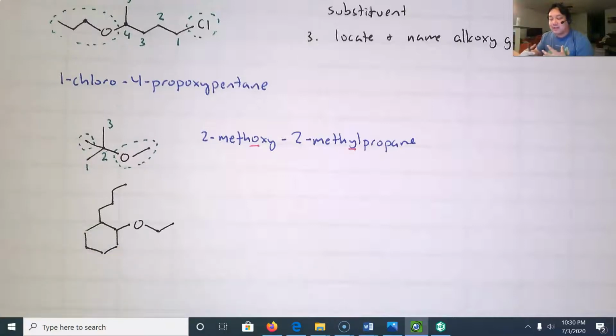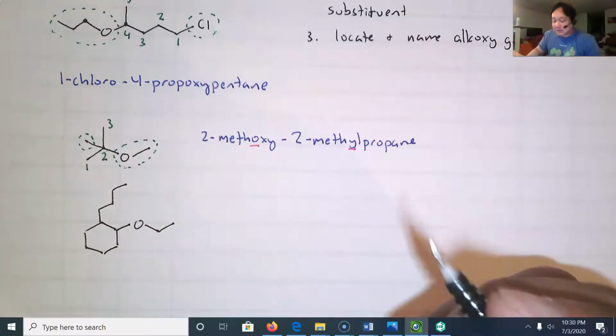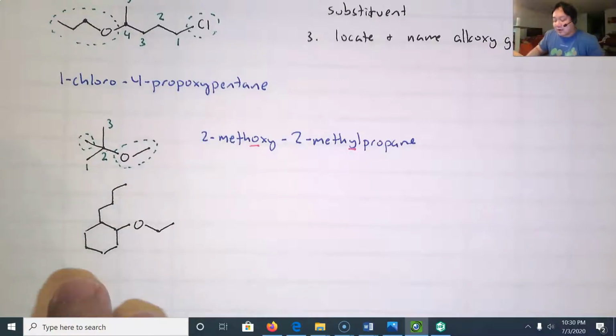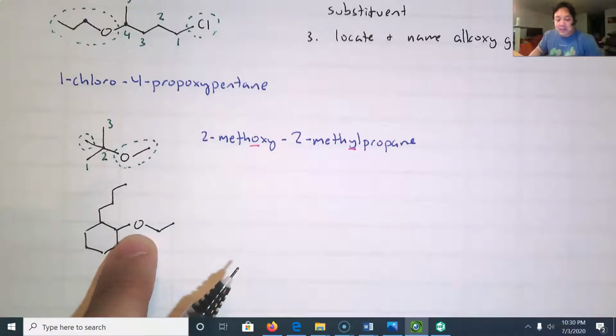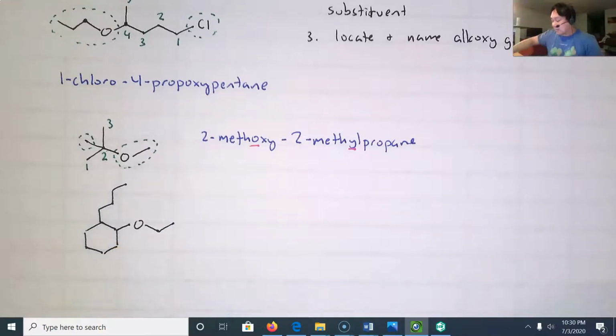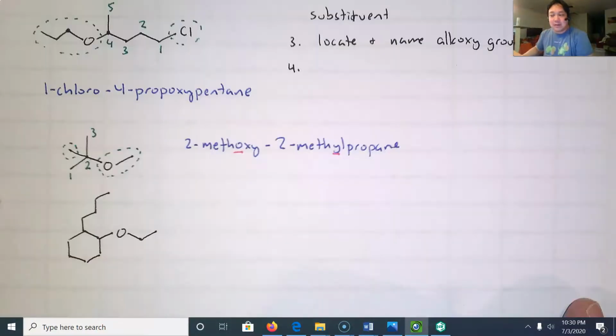For me, a cyclic ether means that the oxygen is part of the ring, that the oxygen is within the ring. I'm not going to show you how to name those types of ring ethers. I'm going to show you how to name these types where the oxygen is not within the ring. Okay. This is going to be rule number 4, though. We have to add another rule for this.